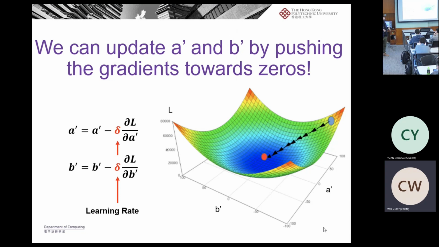So if we are using smaller learning rates, meaning that every time you change the parameter selection a little bit, it will help you converge to somewhere we call a local optimum.